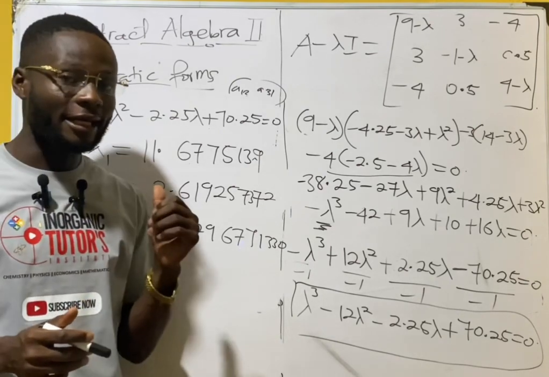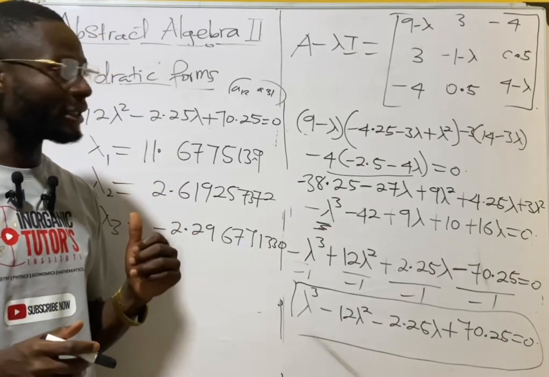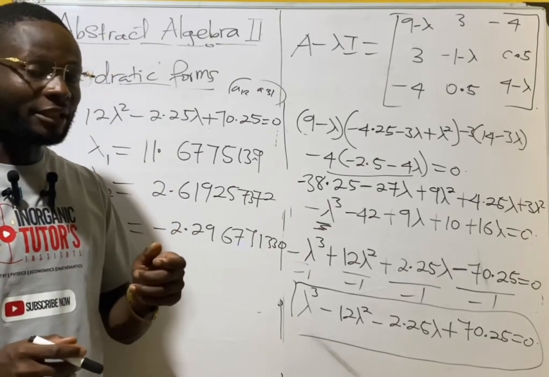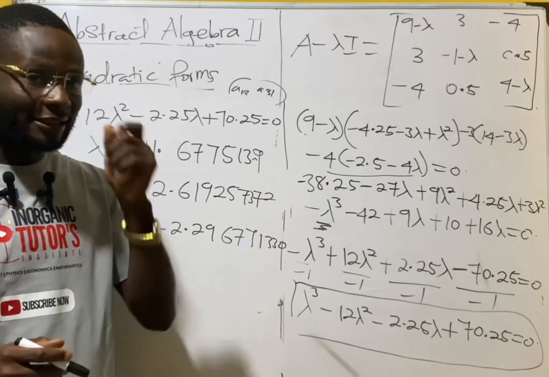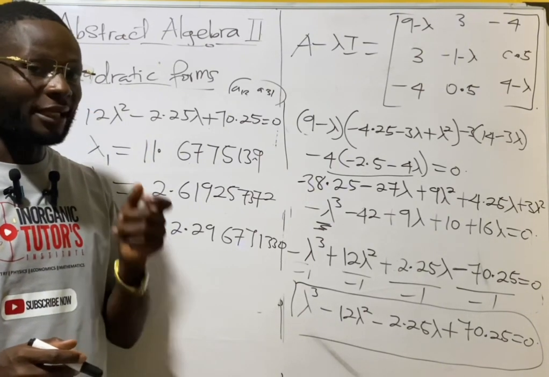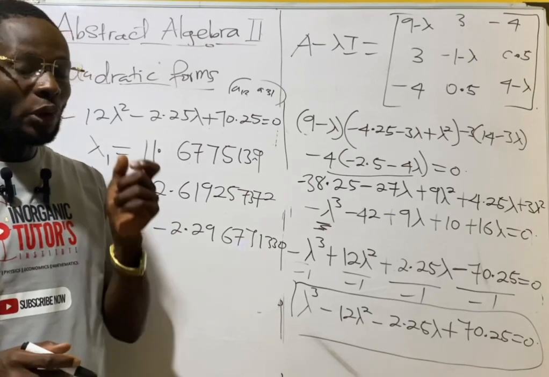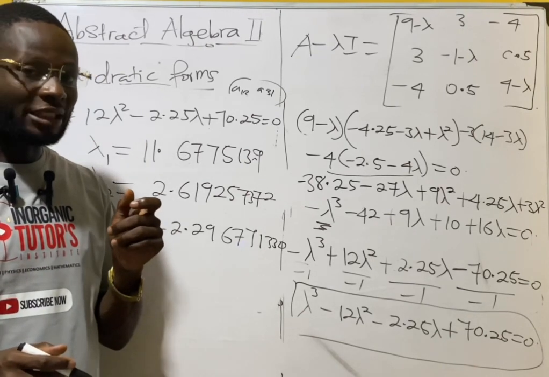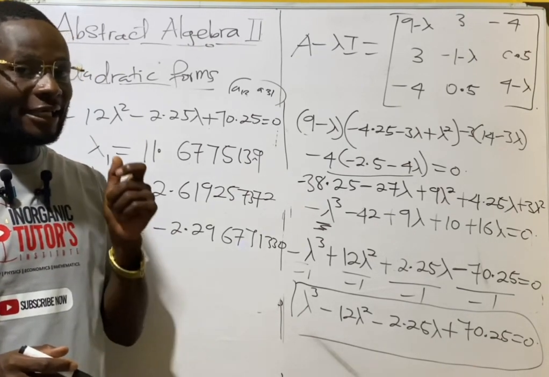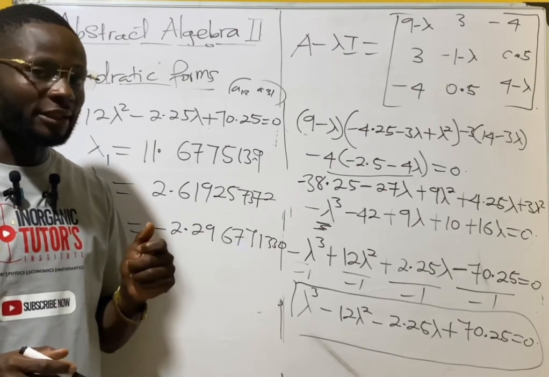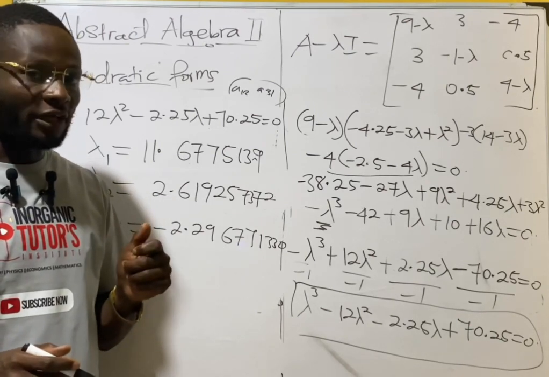Okay, so with these values, from the beginning I made mention that the largest eigenvalue is your maximum value, and the smallest eigenvalue is your minimum value, right?